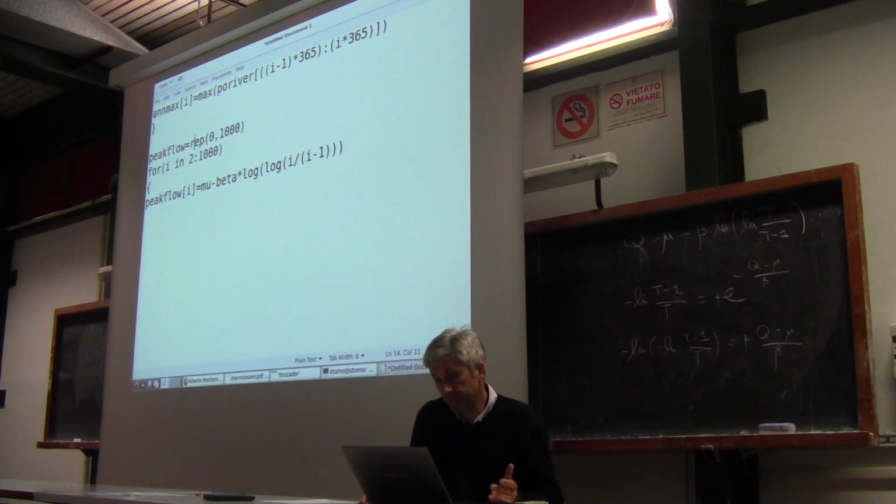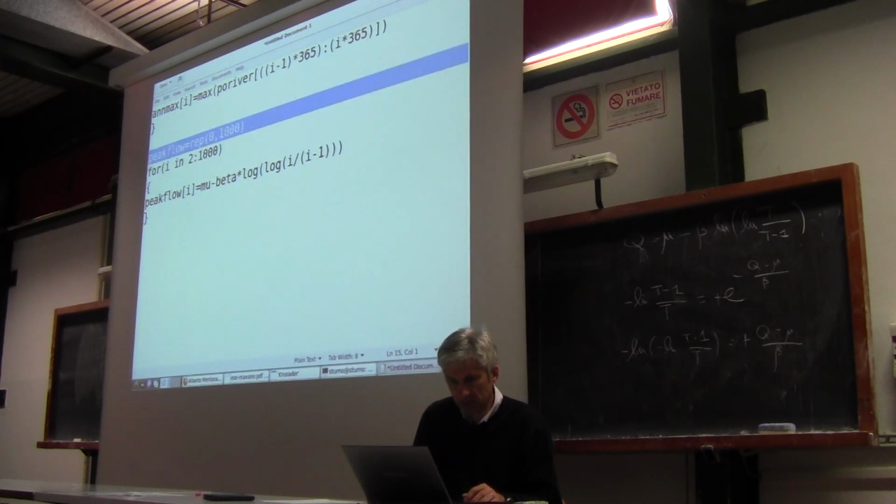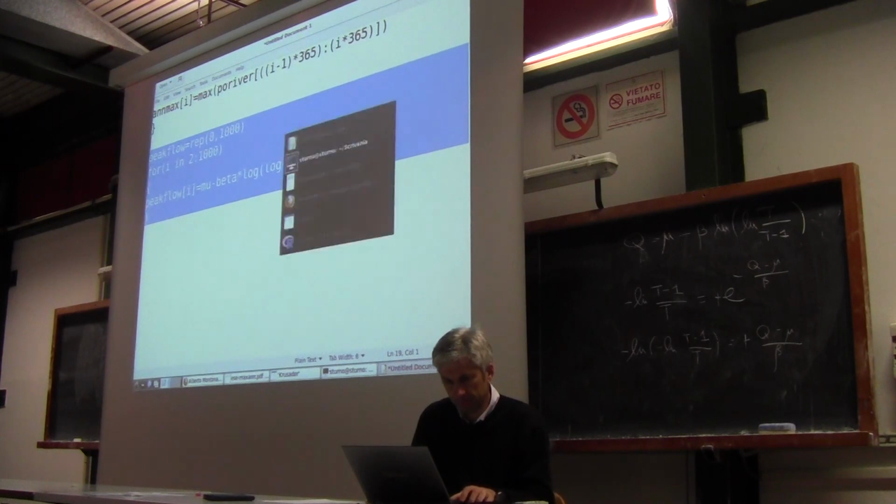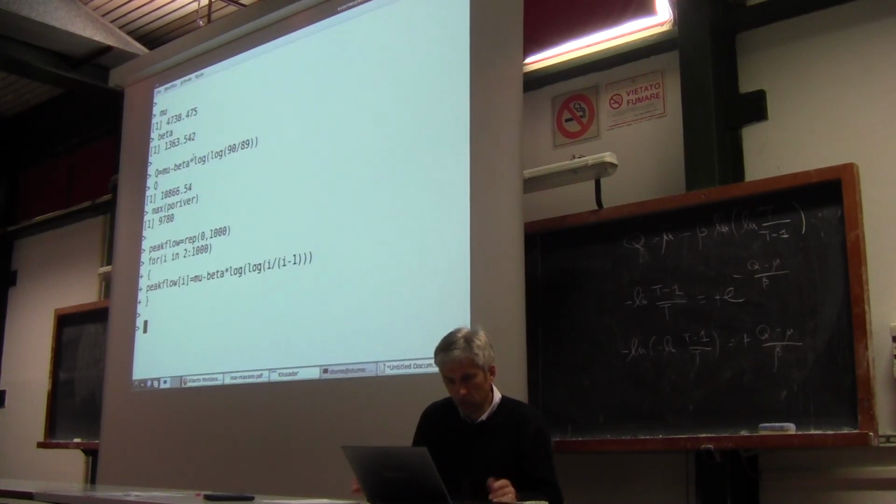So the first element of the vector will be 0, no problem. And then I think we can close here, and we should be done. Let's see. Good. Now let's see what is peak flow 1. Should be 0. Perfect. And what about peak flow 2?